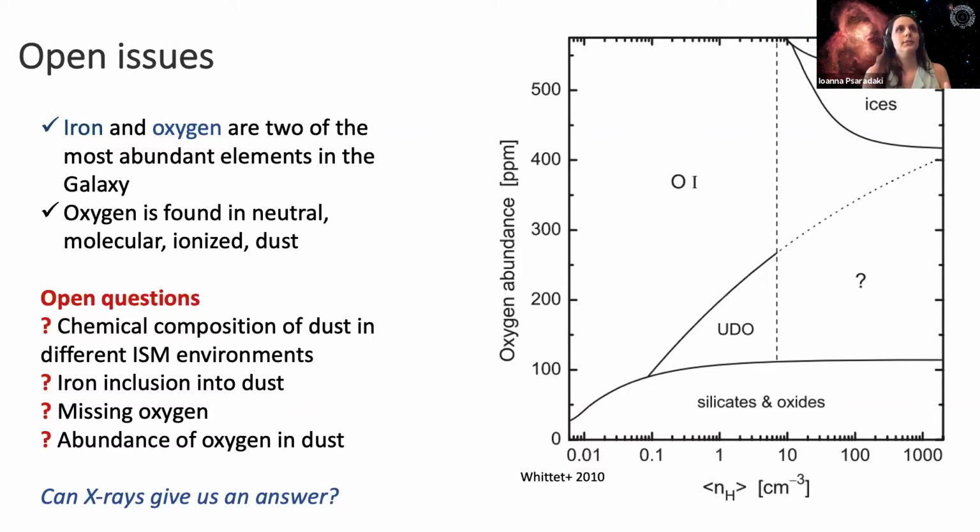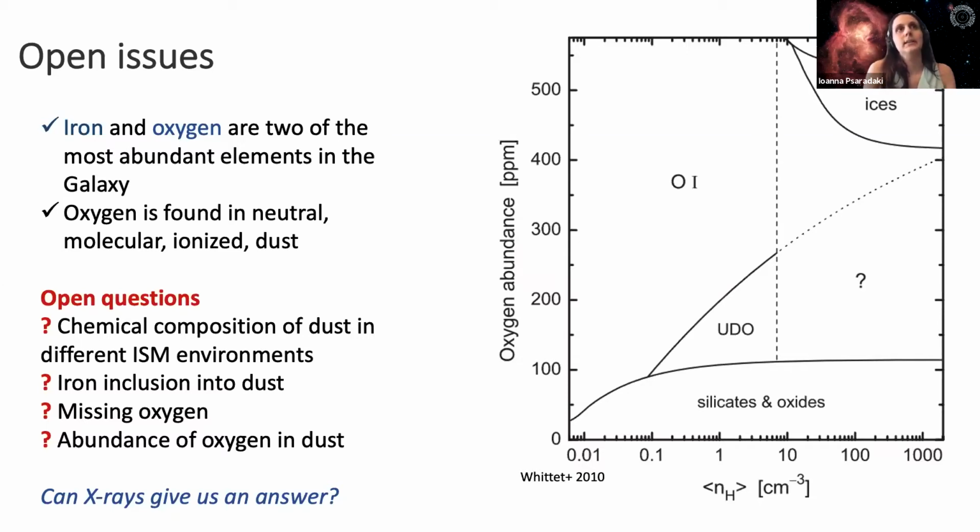Here we are focusing mainly on the oxygen and iron content of interstellar dust. What we try to understand is, where are those elements? These elements are missing from the gas phase, and we still cannot find them exactly back in another form, for example, in dust. We cannot find all of it.